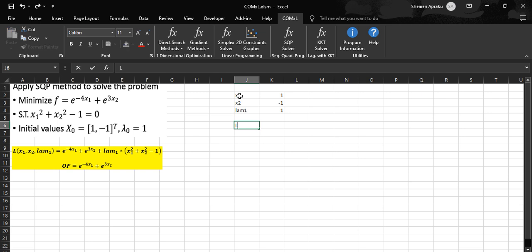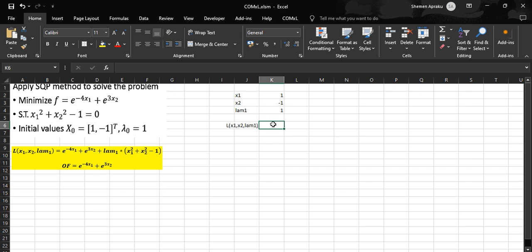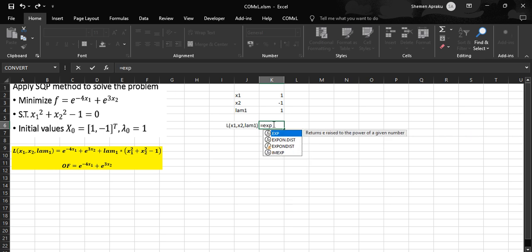Our Lagrangian function in terms of x1, x2, and lambda 1 is also given as this. So we have exponential minus 4x1. So we write and we refer to the cells containing the initial point.